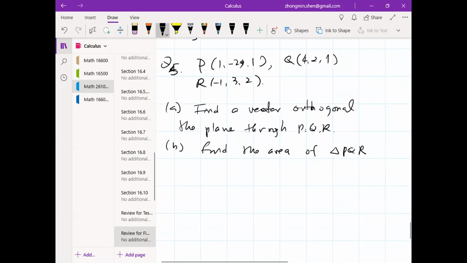I just sketched the graph. Where's the P? Somewhere here. Q, somewhere here. And R, somewhere there.